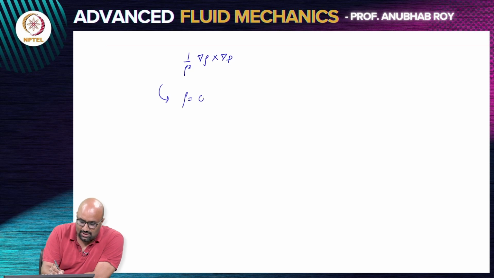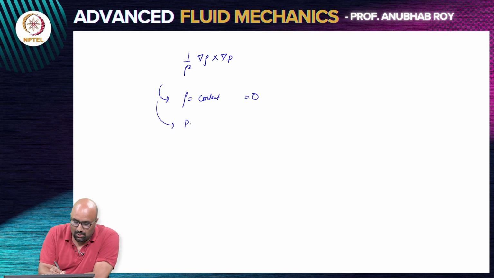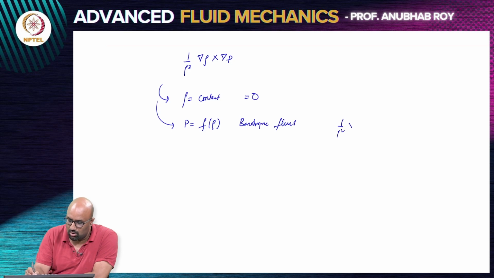Now, if rho is constant, this is trivially 0. If there is no density variation, then this is trivially 0. If we go back to our knowledge of barotropic fluid, if p is a function of rho, then 1 by rho square grad rho cross grad p will be 1 by rho square grad rho cross grad rho into f dash rho.